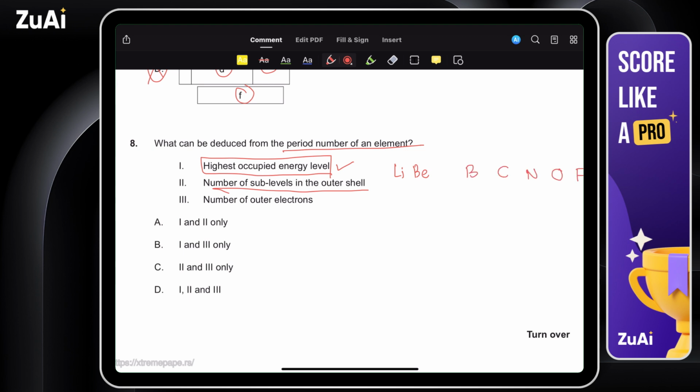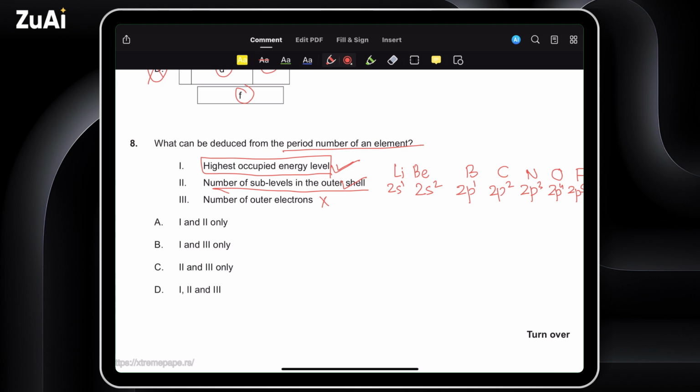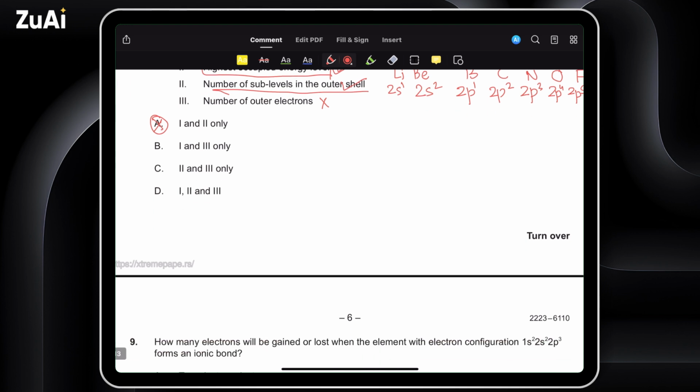Lithium has 2s1, then 2s2, 2p1, 2p2, 2p3, 2p4, 2p5. So the number of sublevels, but the number of outer electrons we can't say. So that's why this is the answer.